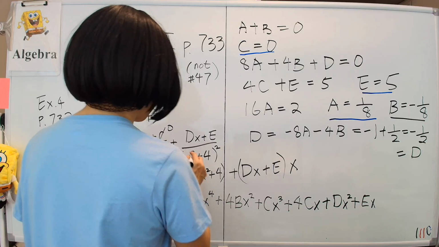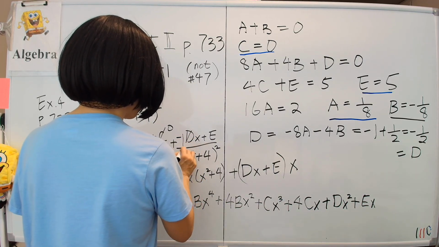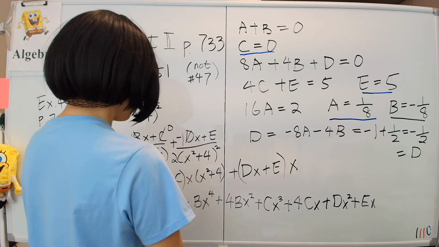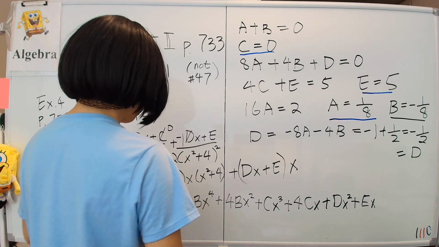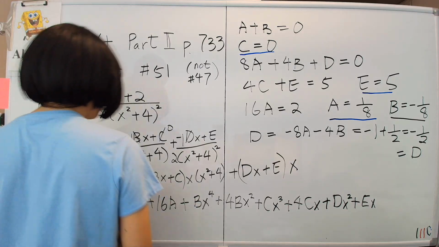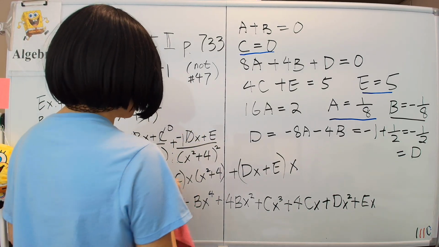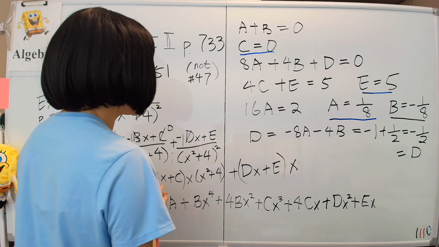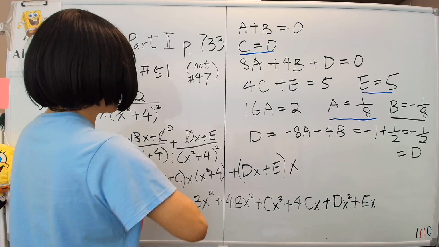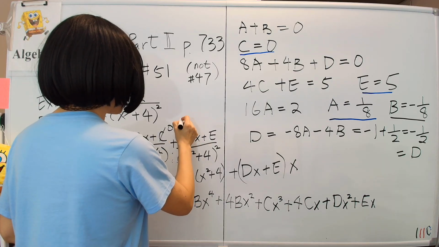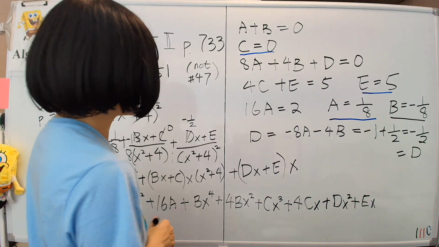D is negative 1/2. Yeah, well, can't really write it that way. Let me erase that. We'll just write it that way, okay? For now. D is minus 1/2, and E is 5.